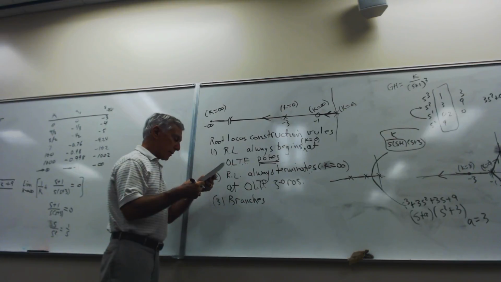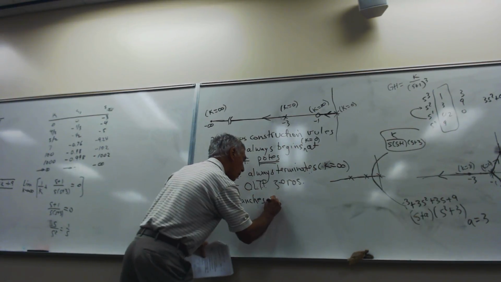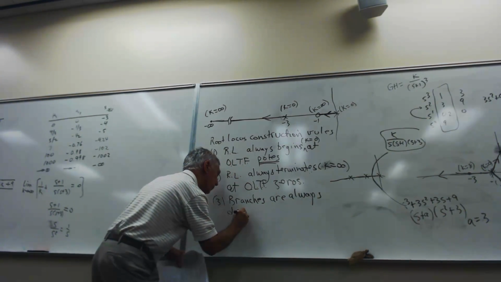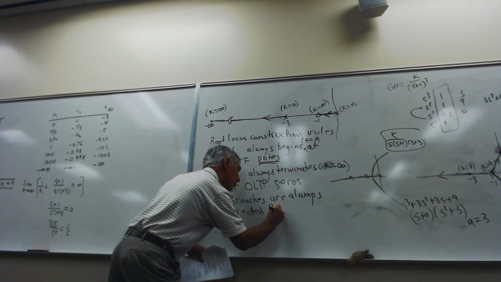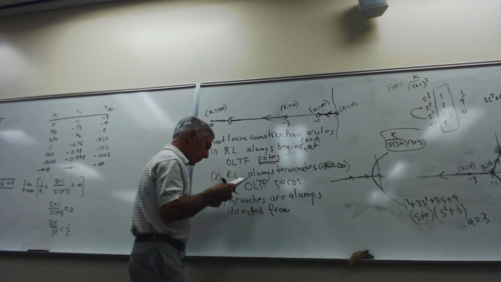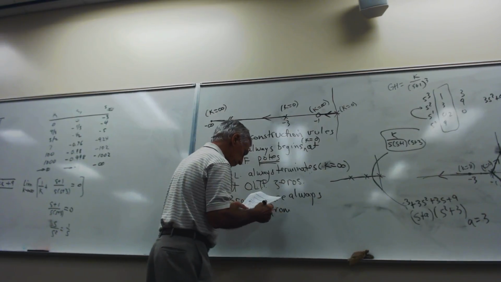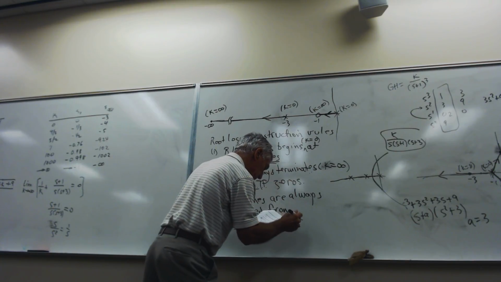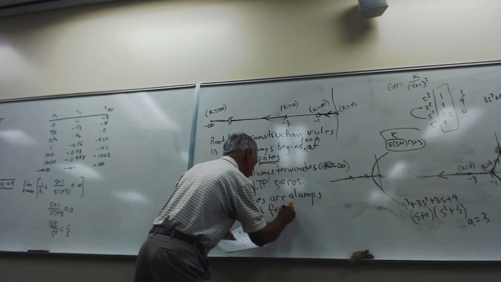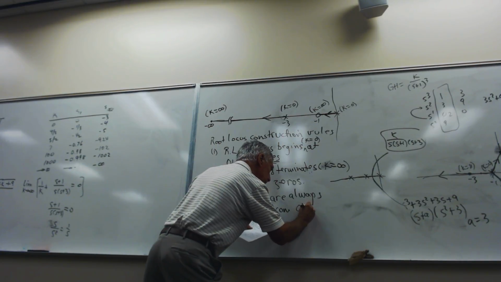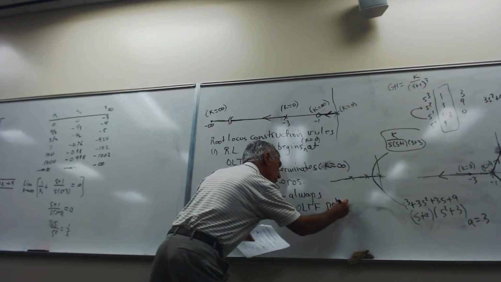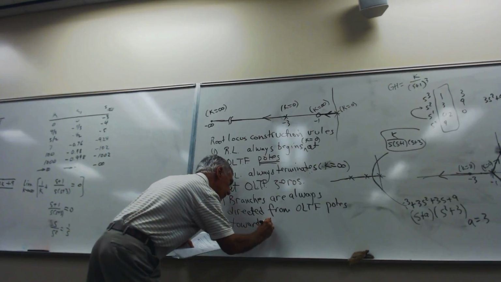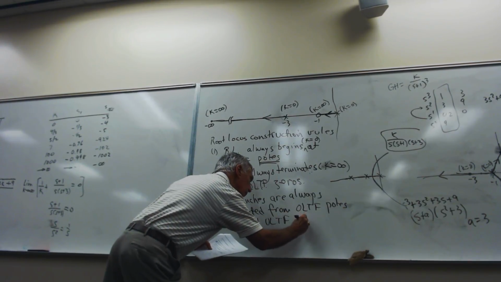The branches are always directed from open loop transfer function poles towards open loop transfer function zeros.